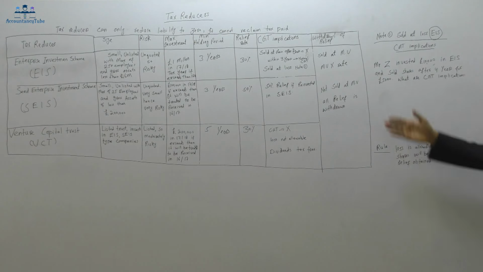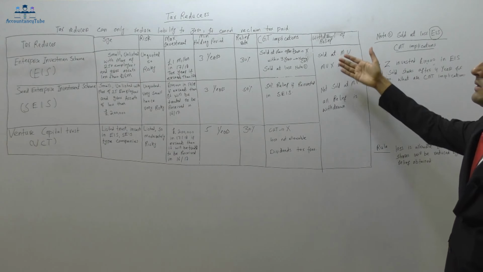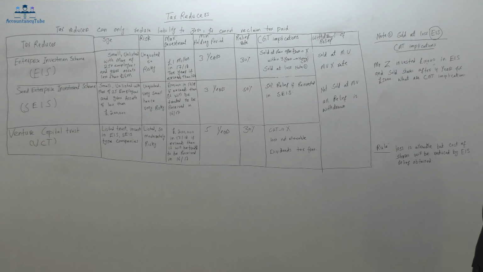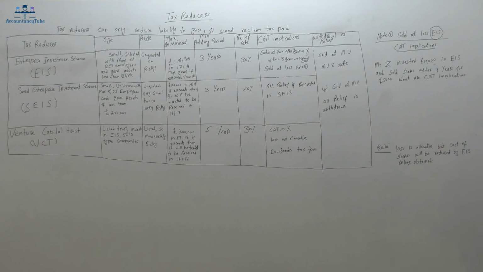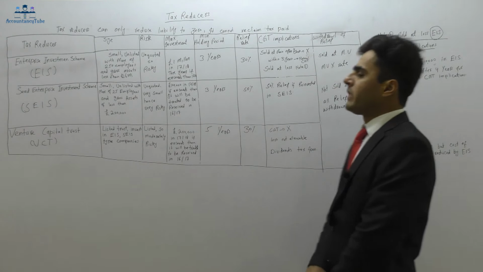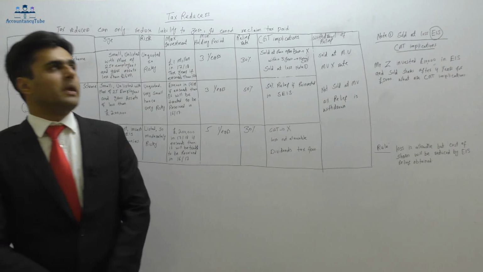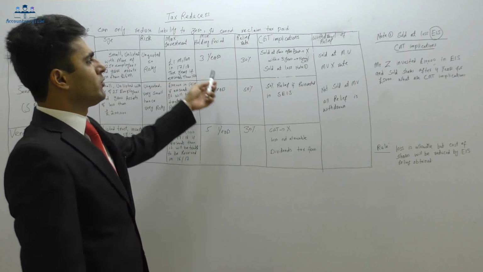Now, withdrawal of relief is exactly the same for EIS, SEIS and VCT. So there is just one single rule which applies to all of these. So basically, when you have sold at market value, say for example, within 3 years or within the minimum holding period, the minimum holding period in EIS was 3 years.